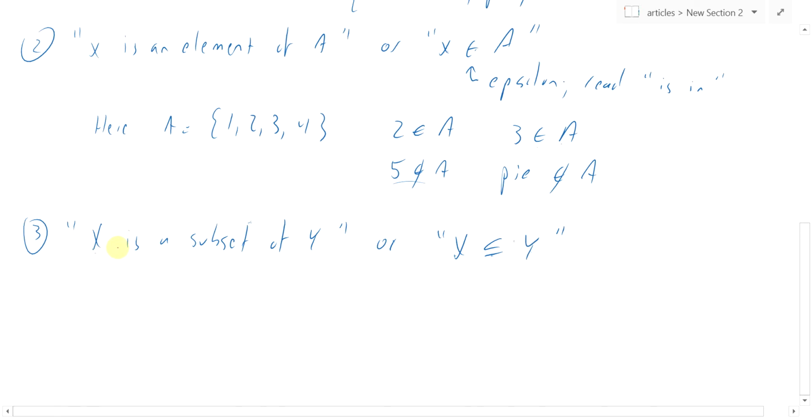Well, X is a set, Y is a set. So suppose we have another set, we'll call it D, and that just consists of these two things.